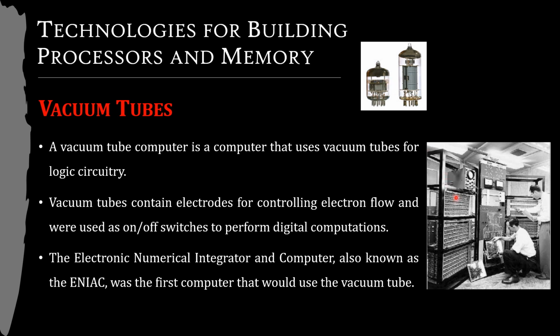The size of a computer built using vacuum tube technology is very high. The ENIAC, the Electronic Numerical Integrator and Computer, was the first computer that used vacuum tube technology. So vacuum tube technology is used in the first generation computer, but the computers built using this technology are very large in size.